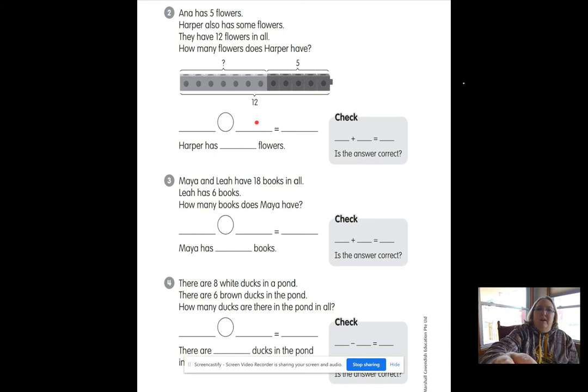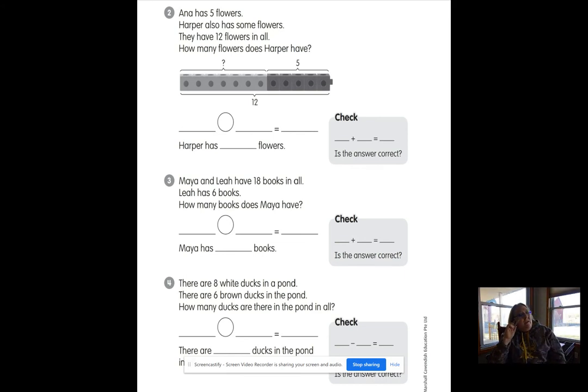So that would go right here, and then we'd get our answer for how many Harper had. So our answer in a complete sentence, Harper has the total here of flowers. If we subtracted, we know that addition is the opposite operation. So we'd get Harper plus Anna equals our total.